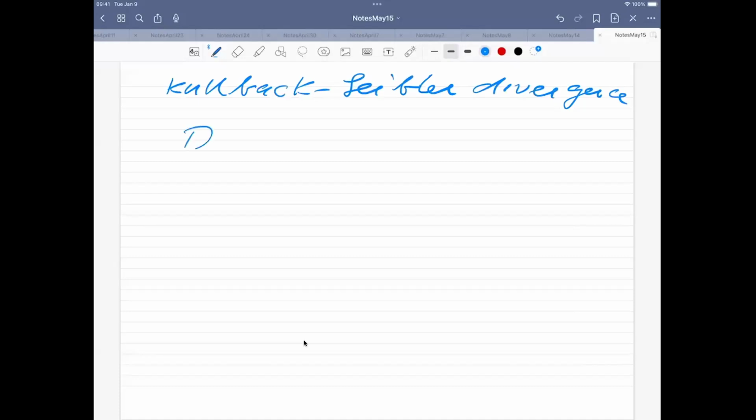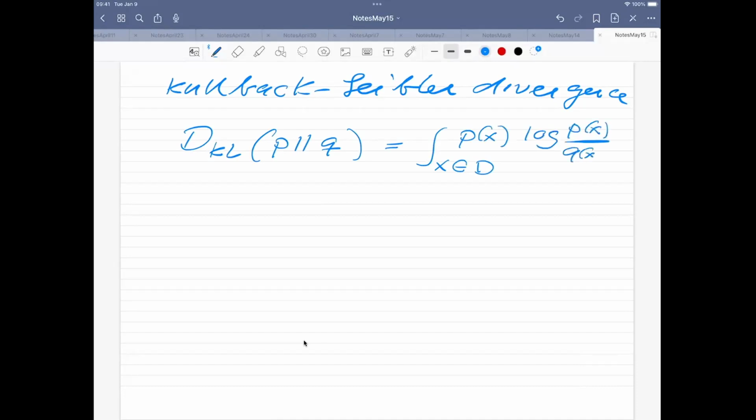So the DKL divergence of a probability P with respect to a probability Q is then given as an integral, if we have continuous probability, over a domain D of P(x) log of P(x) over Q(x) dx.